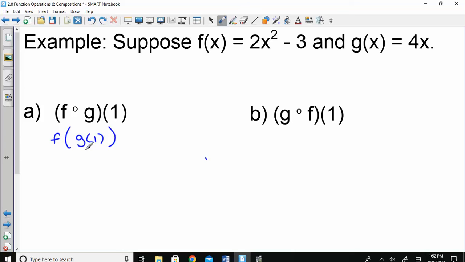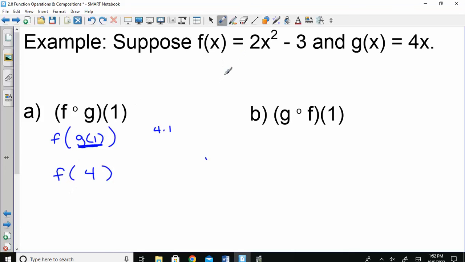So you start on the inside. So the first thing I have to do is g of 1. So what do you do for that? Yeah, you plug a 1 into function g, so 4 times 1 is 4. So you replace that g of 1 with a 4.